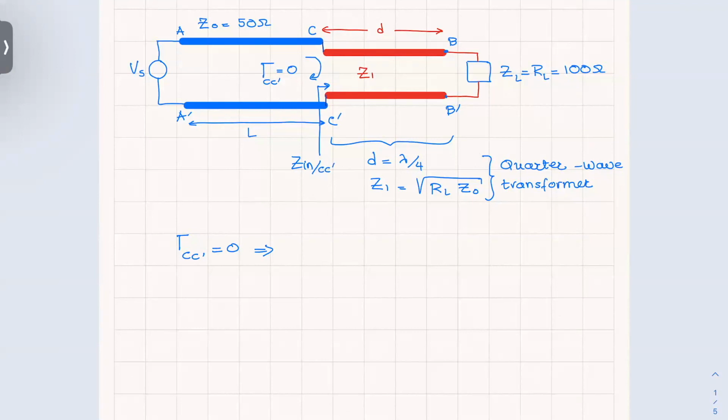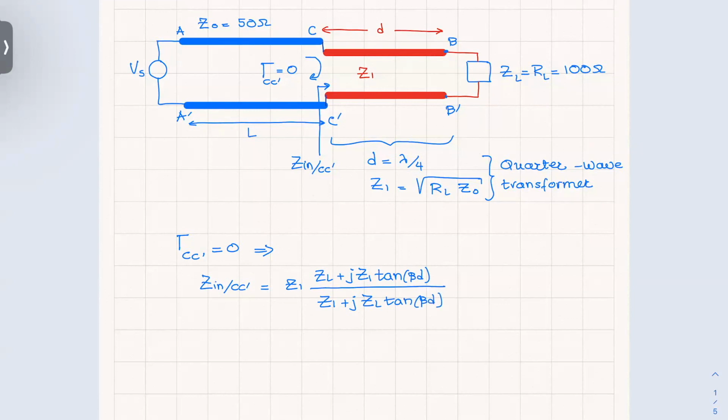Now, how much is Z input at CC prime? Z input at CC prime is equal to Z1, I use the formula on the red line, all right? Is the input impedance to the red line. Is therefore (ZL plus j Z1 tangent of beta D) over (Z1 plus j ZL tangent of beta D).